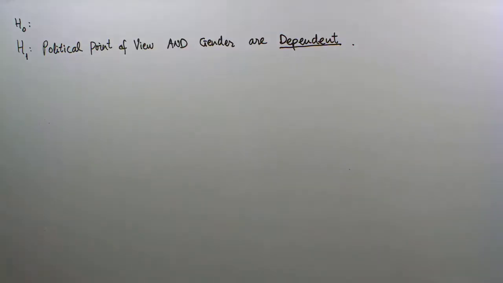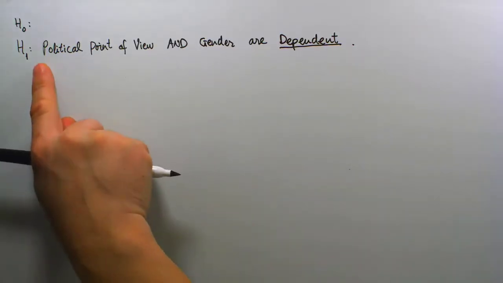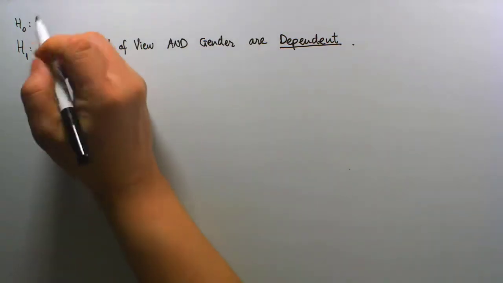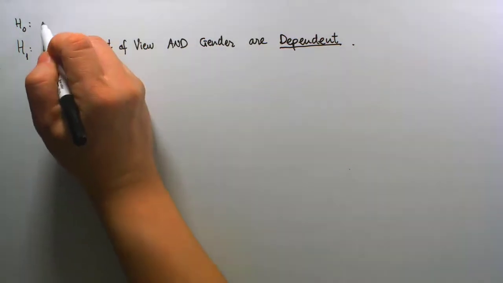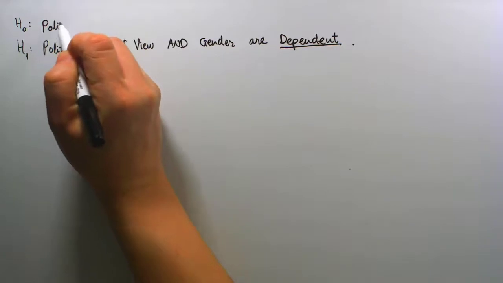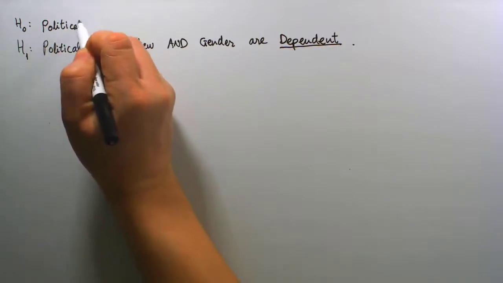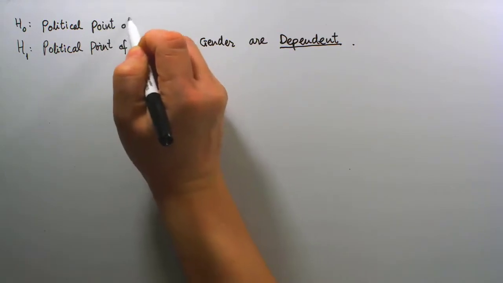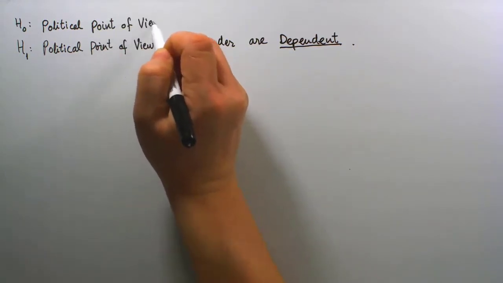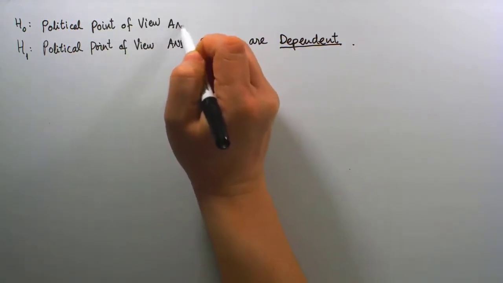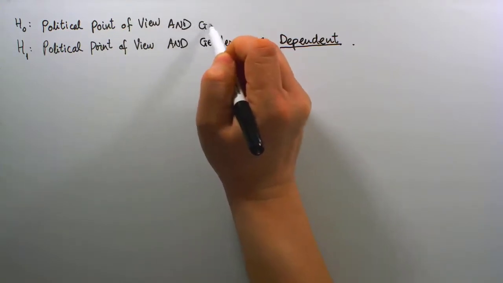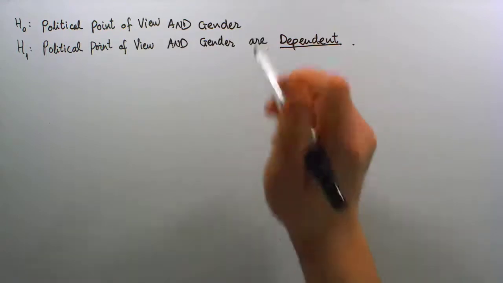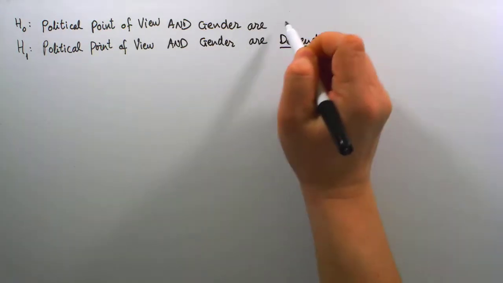And so in that way, once we have recognized our H1, the alternative hypothesis, now H sub 0 will come out easy. Political point of view and gender are independent.